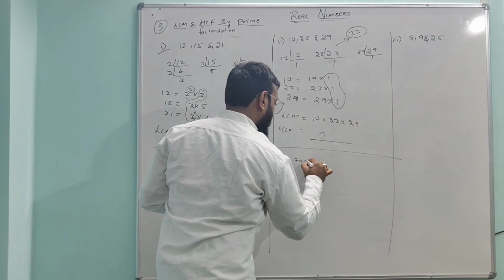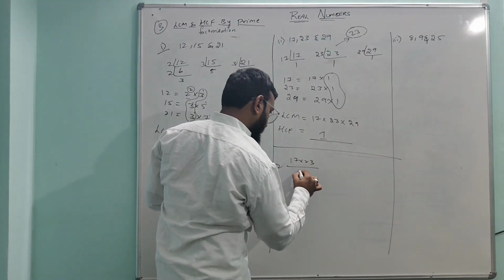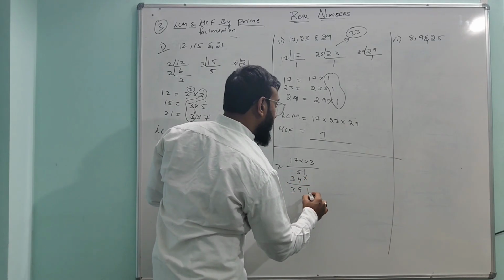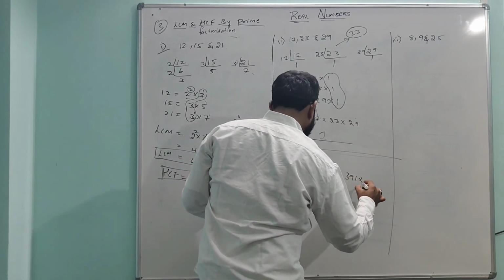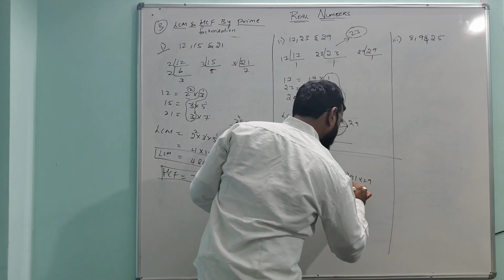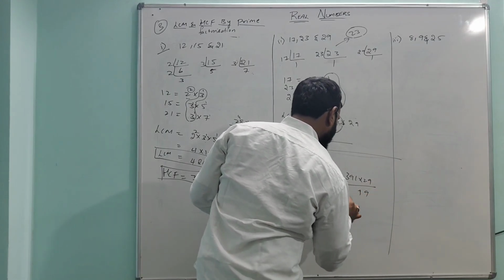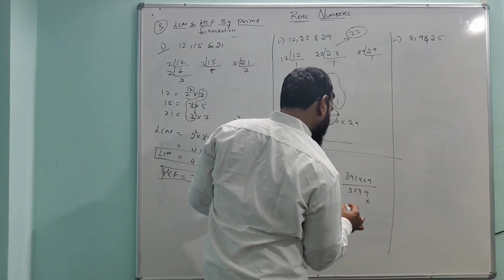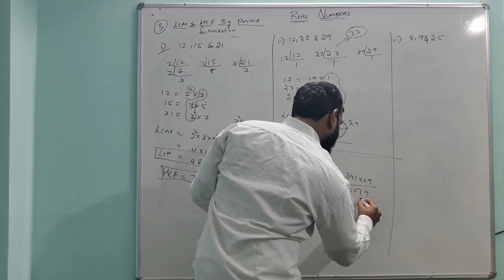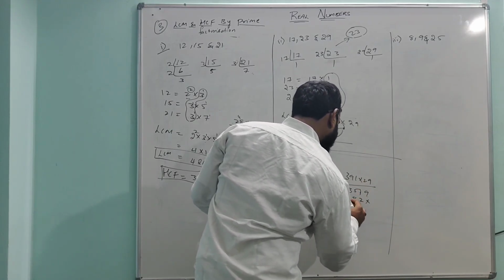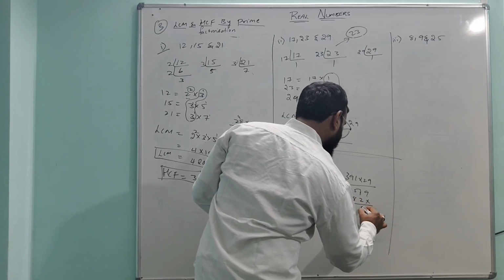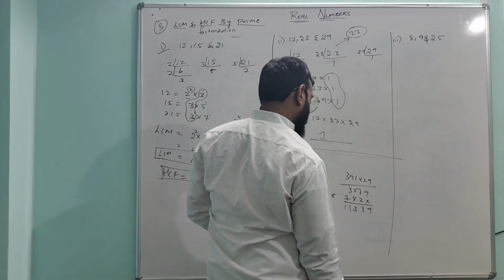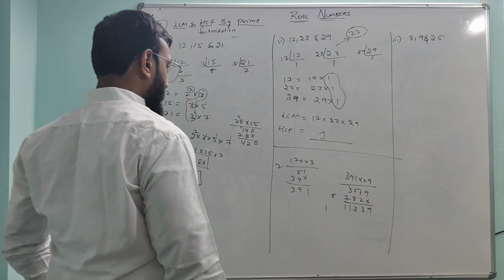Quickly we'll find here: 17 into 23 is 391. Then 391 into 29 gives 11339.